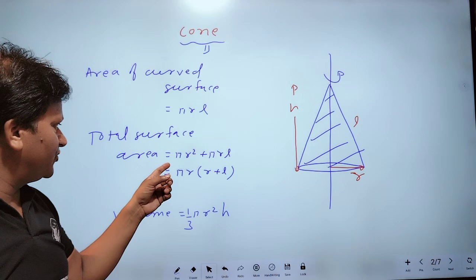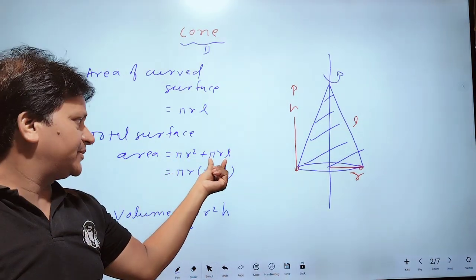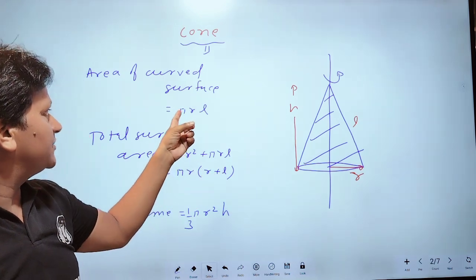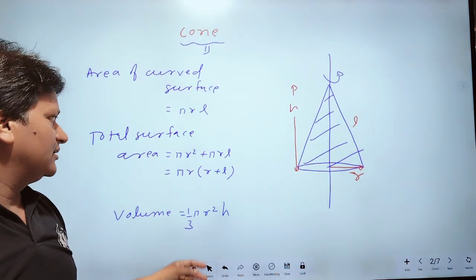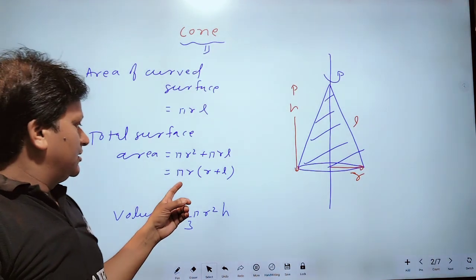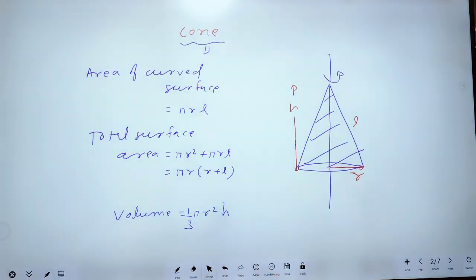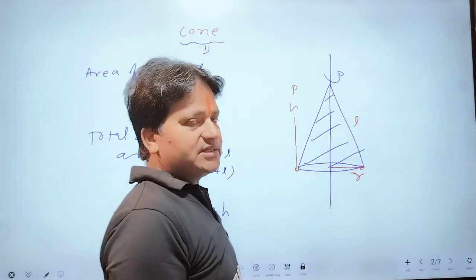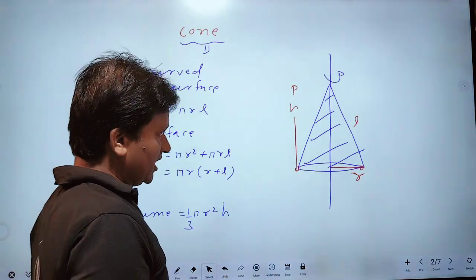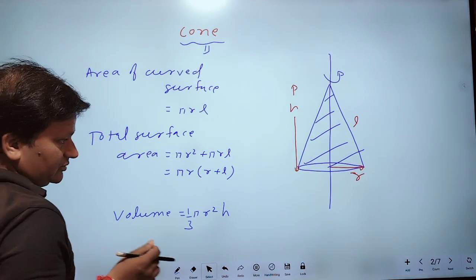Total surface area will be area of base plus area of curved surface. Area of curved surface is pi r L, where L is slant height, and its volume will be 1 upon 3 pi r squared h, okay, where h is the height of the cone and r is the radius of base of the cone.